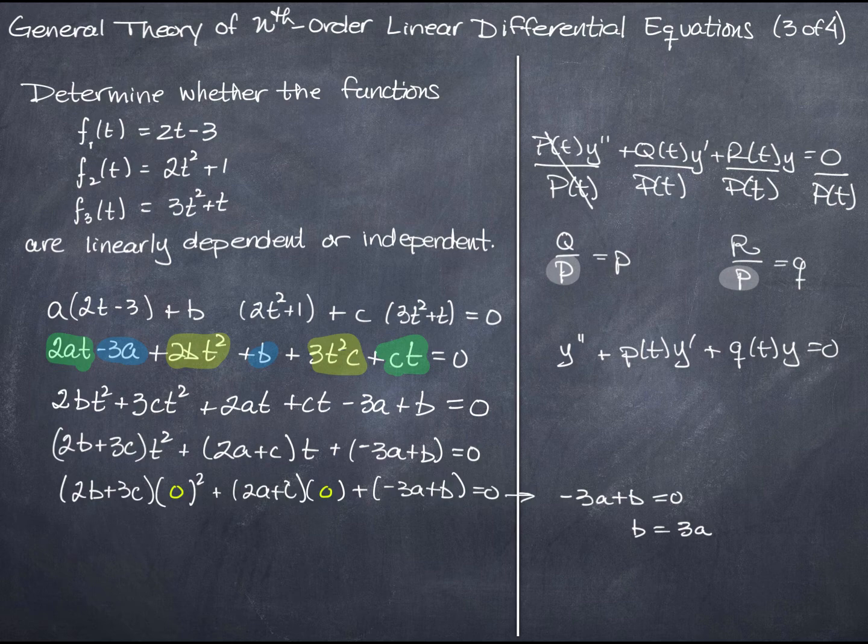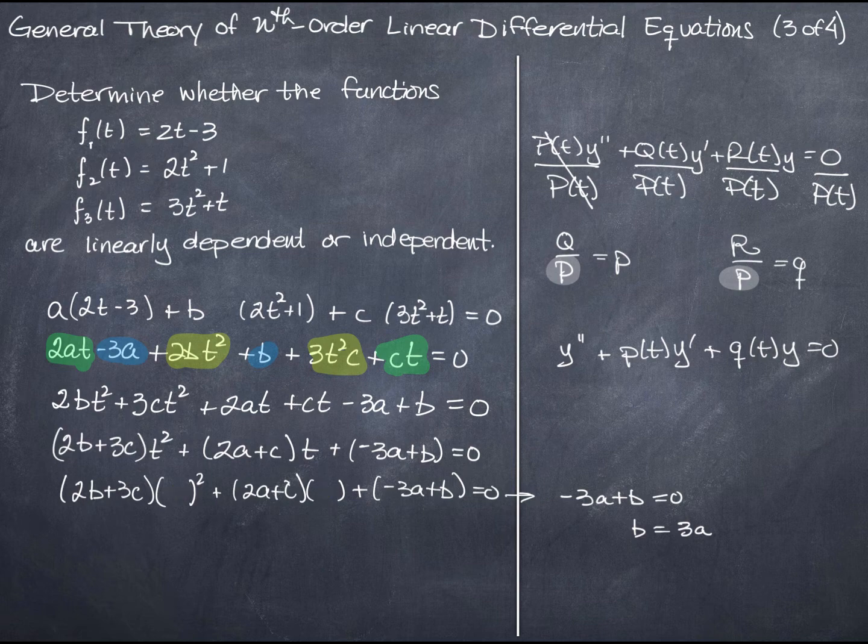B is just a multiple of A. So already I can tell that there's a problem, right? I have A and B, one of them is a multiple of the other. So let's carry on.